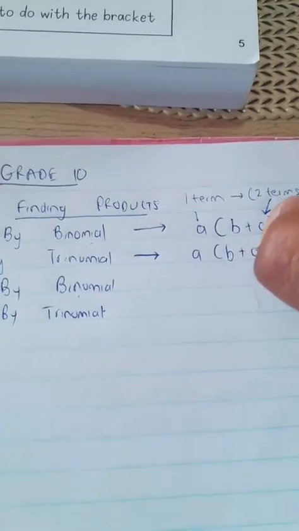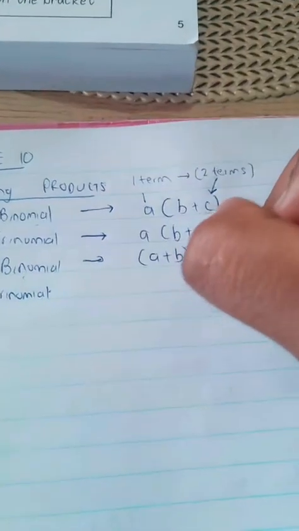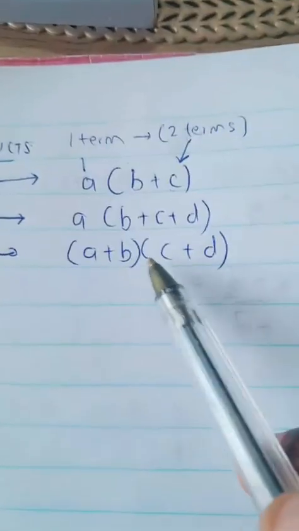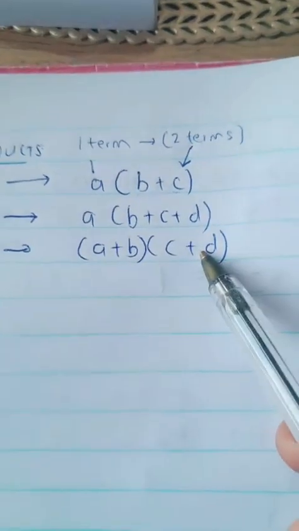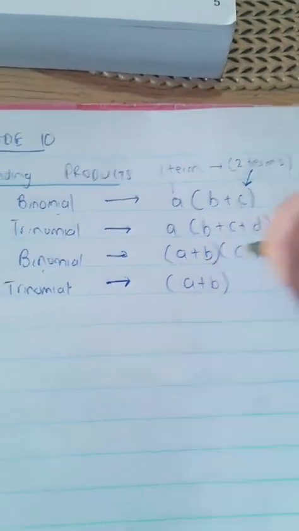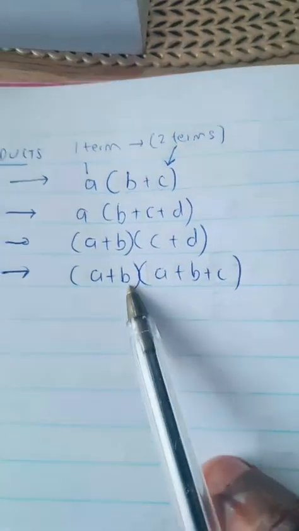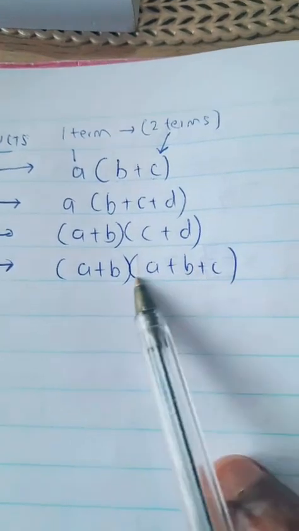Monomial by a trinomial would be like taking a monomial, one term, multiplying by three terms. Binomial by a binomial would typically be a plus b into c plus d, so that's two terms multiplied by two terms inside the brackets. And last but not least, binomial by a trinomial would be like two terms multiplied by three terms.